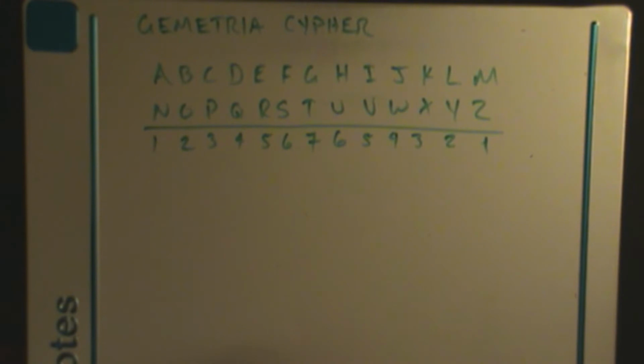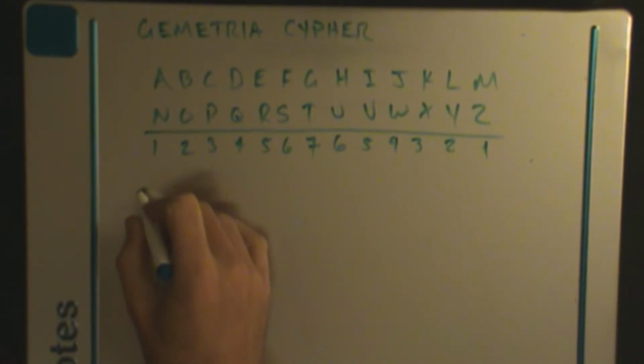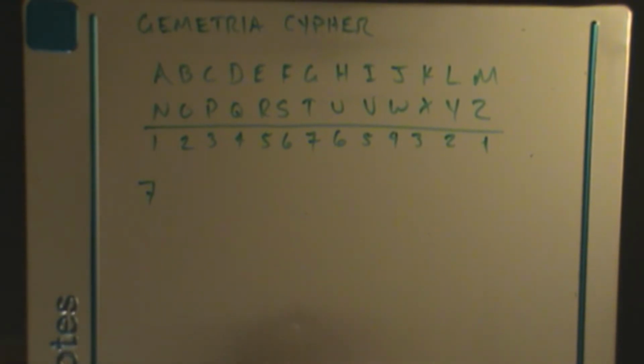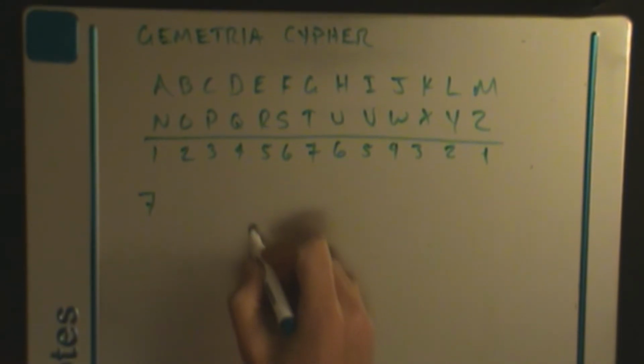So now I'm just going to talk to you about the holy number 7. Very briefly too. There's a lot that goes on with 7, but this is just something very simple. The way in which this cipher works with 7 is you basically write out the word 7 in letters.